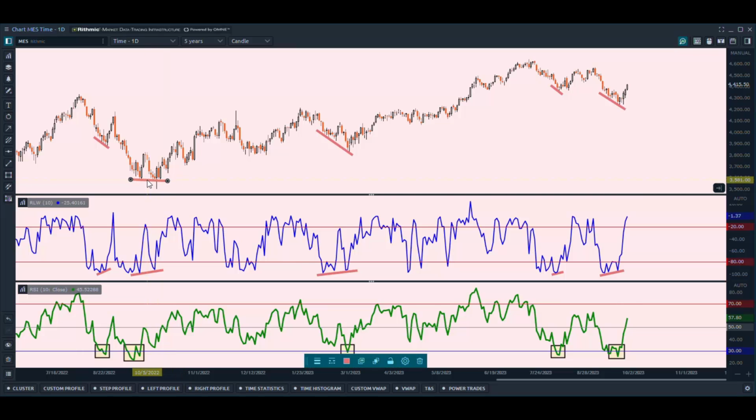Sometimes you can easily have divergence where you're not necessarily hitting a lower low. In this case, you did close at a very slight lower close here back in October of 2022, which signaled the reversal. But you can use divergence either with flat closes, meaning that you didn't close any lower, but you pretty much closed exactly at the previous low.